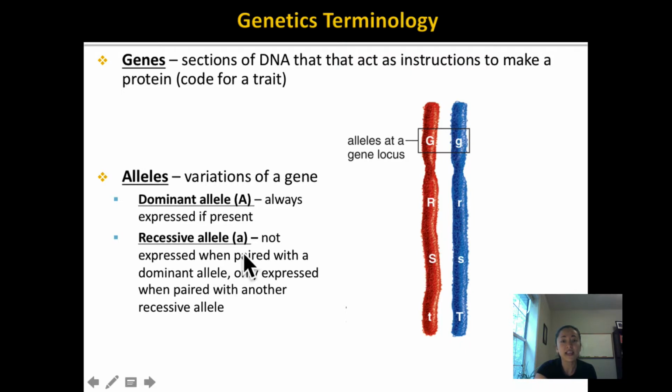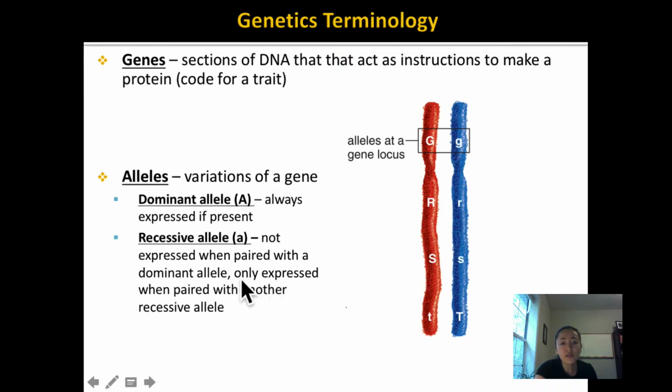So that means that if you look like this individual here with a big G and a little g, they will not show this characteristic that's controlled by the little g, the recessive allele, because it's hidden in them. This big letter is overpowering the other letter, okay? It's masking the recessive allele.